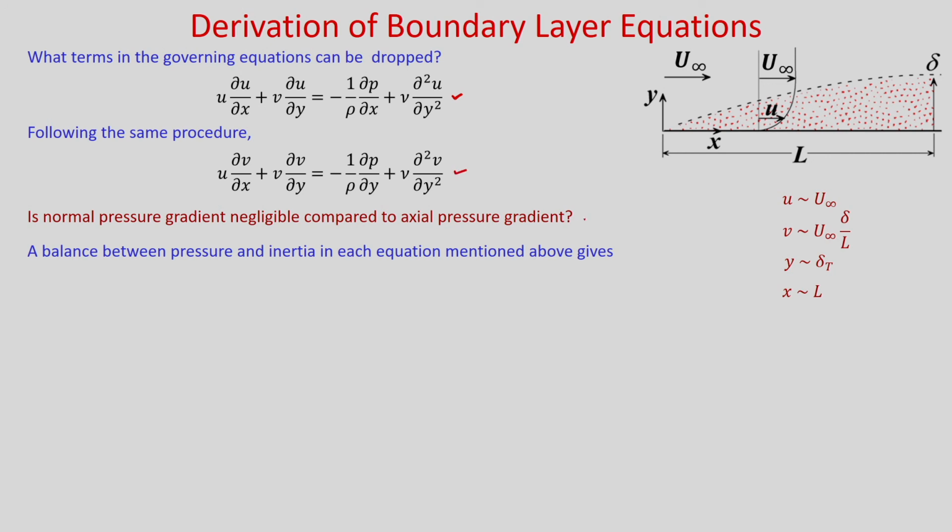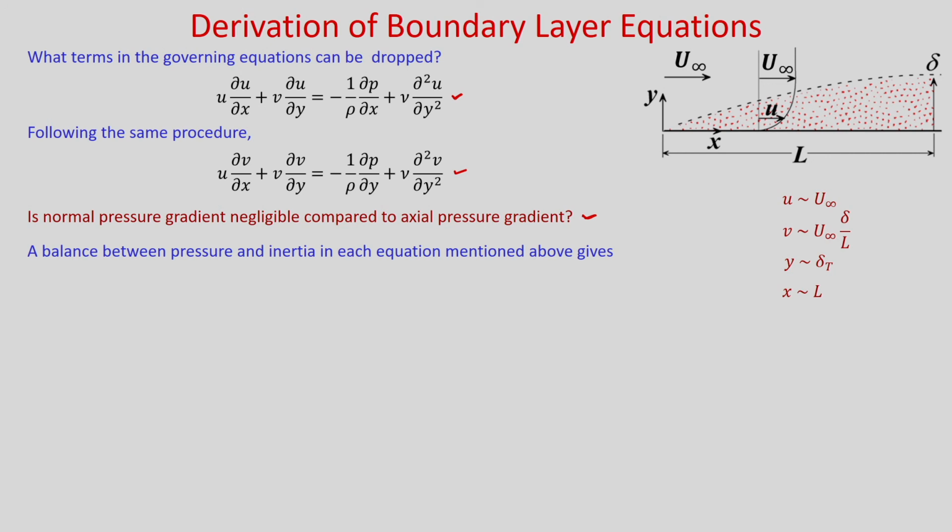Now, the next question is: is the normal pressure gradient negligible compared to the axial pressure gradient? So, now you can see that in the u momentum equation we have the term del p by del x, and in the v momentum equation we have del p by del y.